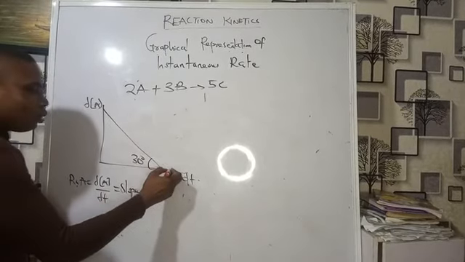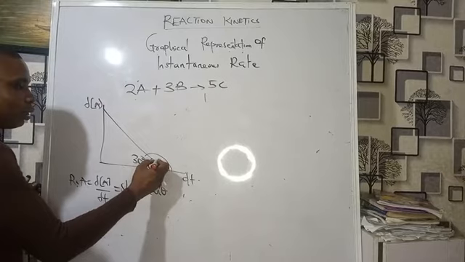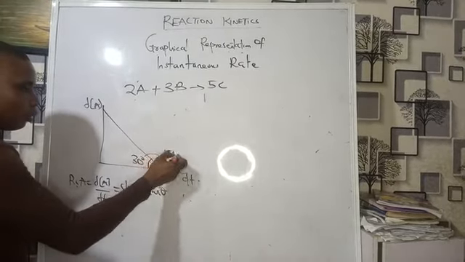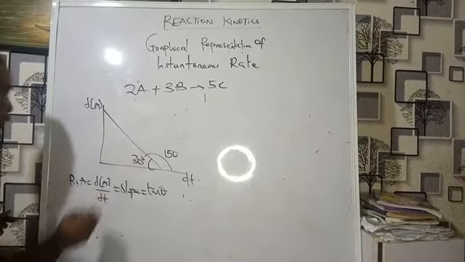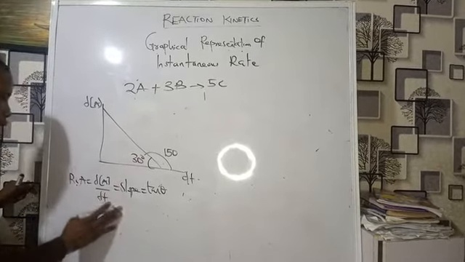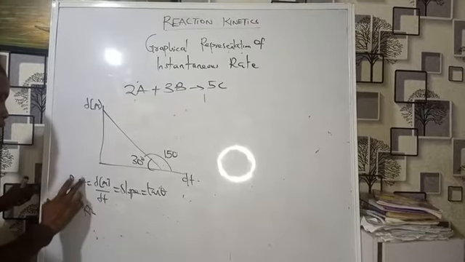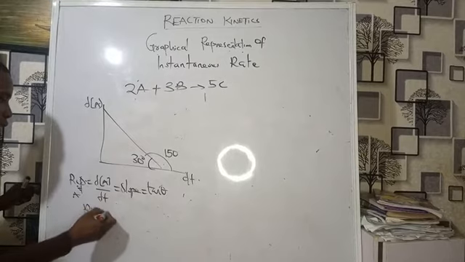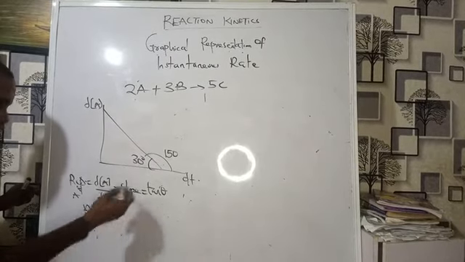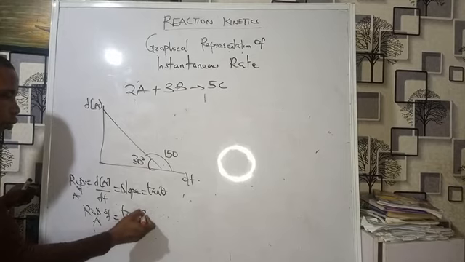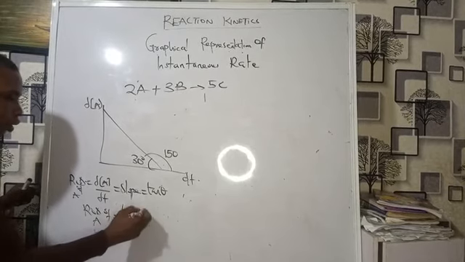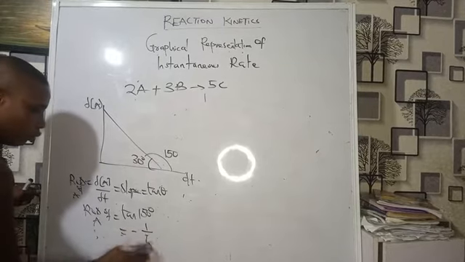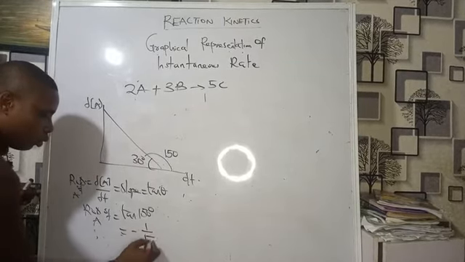So the angle we are going to use is this angle here, which is 150. So your slope, your rate of disappearance of A, now equals tan 150 degrees, which is minus 1 over root 3.